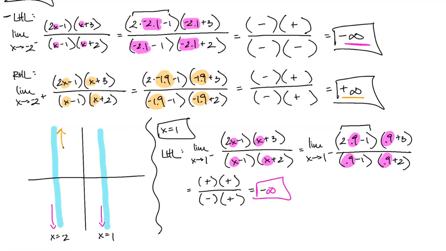I know that this middle part maybe looks something like this. And I don't know exactly where it crosses the x and the y axis, and we could find that out, but it's not really important to this particular lesson. We're just looking at what's happening on the sides of the vertical asymptote. So does that kind of clear things up a little bit more?